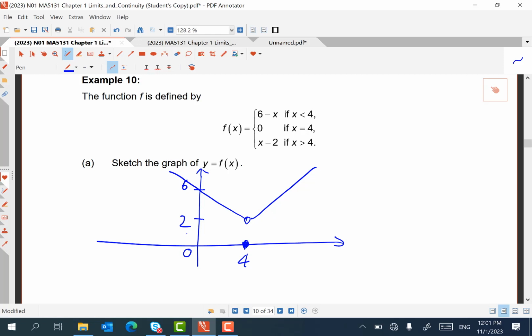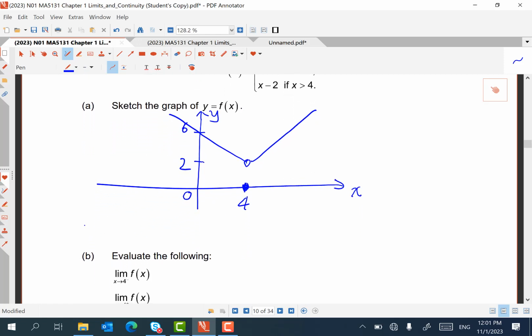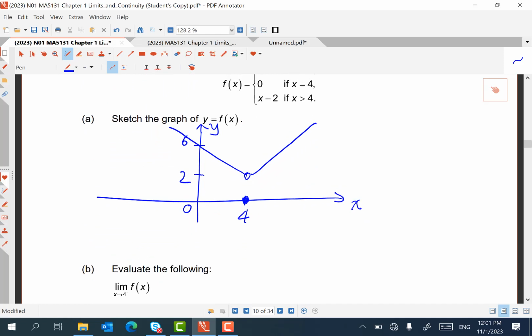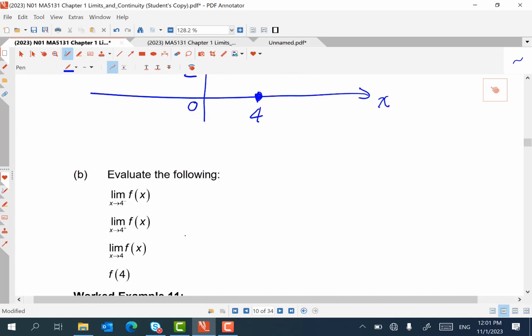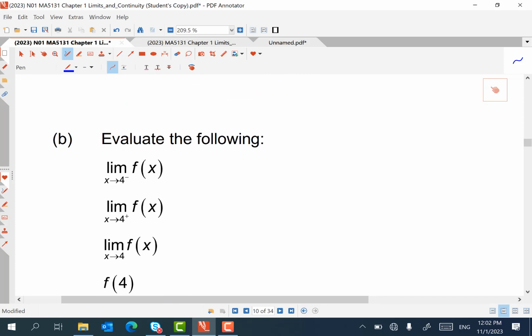Okay, so the graph looks like this. Such a function is called a piecewise function. There are altogether 3 parts to this graph: lesser than 4, at 4 itself, and then more than 4. In this question, you're asked to find the limit of the function when x approaches 4 from the left.